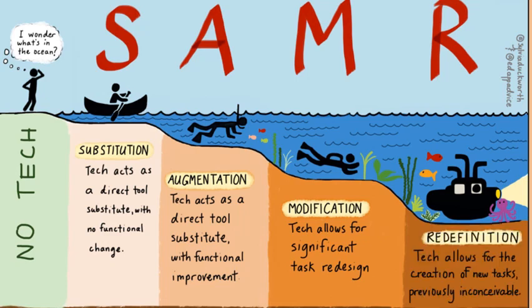If we look at the final level, this is redefinition, and this is where technology allows for creation of new tasks and allows for you to do things in the classroom that you couldn't do before. So the fact that Flipgrid posts discussions online allows for others to participate in the classroom discussion.